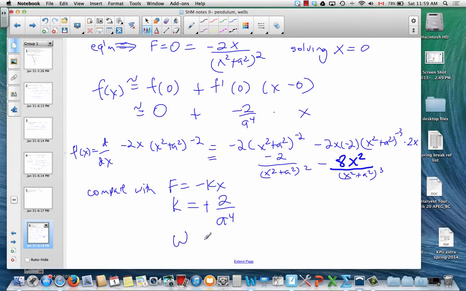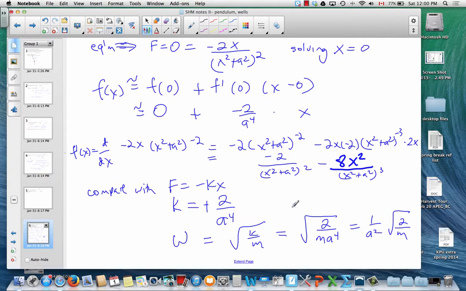So then we know the frequency of small vibrations is the root of k over the mass of the particle. The mass we'll just leave as a variable. So it's 2 over m a to the 4th. I guess we could simplify that a bit. And this would be an expression for the frequency of small oscillations in that potential well.